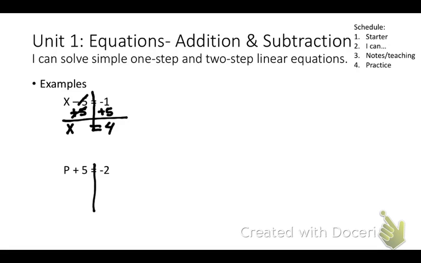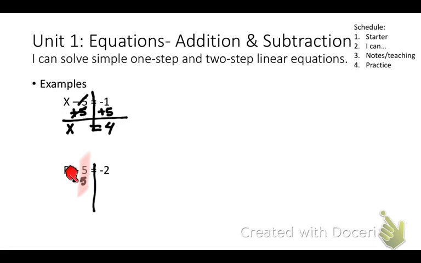All right, now that you've tried this by yourself, let's walk through it with me. So I look at my variable. This time I have the letter P, so I have to keep the letter P. And I see that P is getting added by 5. So to get P alone, I have to subtract 5. Notice that these two numbers are the same. One is positive and one is negative, but the number itself is the same.